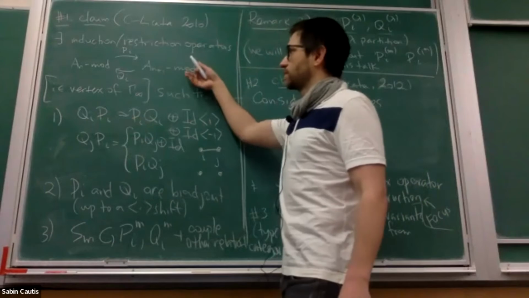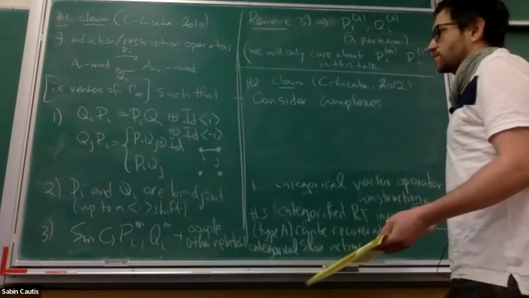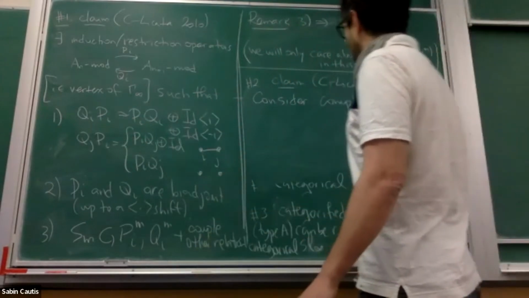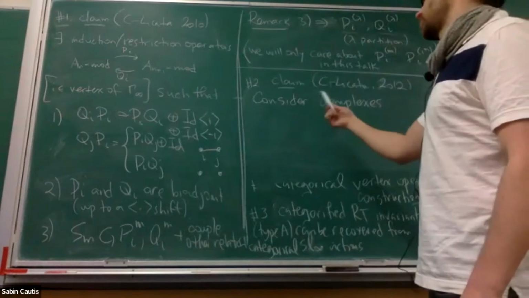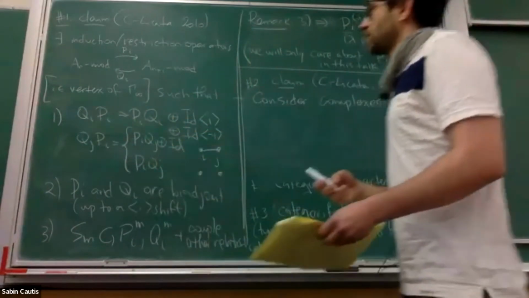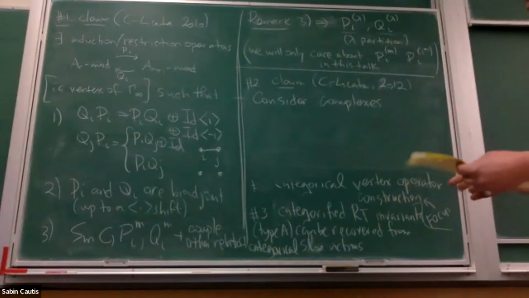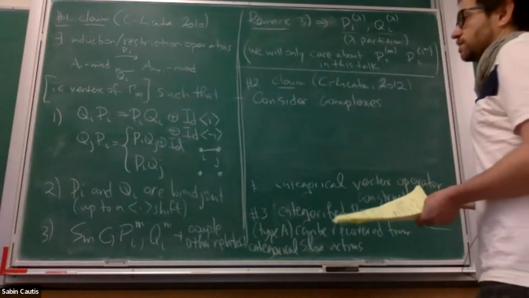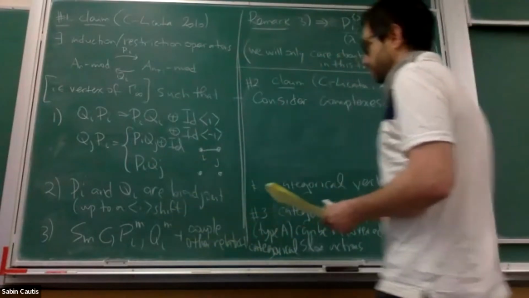Of course, we're thinking about applying it to this particular situation, but it doesn't have to be. It's an abstract definition. And when considering certain complexes of these P's and Q's, those complexes give an action of the Lie algebra S on infinity.